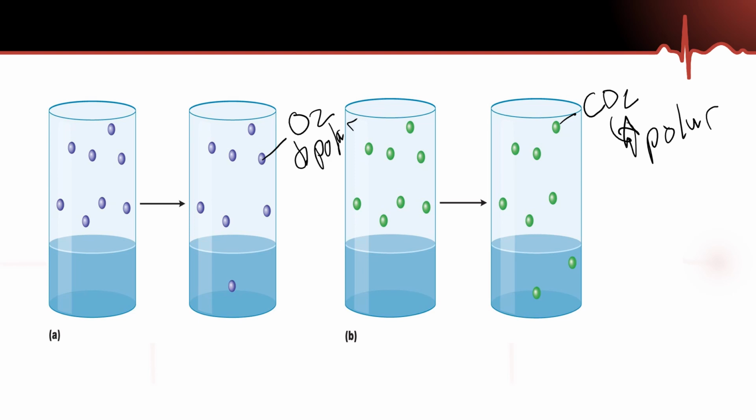Okay. What I mean by that is oxygen and carbon dioxide are both very nonpolar gases, but CO2 has more polarity than oxygen does. All gases, no matter how nonpolar they are, have some degree of polarity. We consider oxygen and CO2 both to be very nonpolar gases, but what I'm saying is CO2 has more polarity to it than oxygen does. So that's where the difference comes into play here.